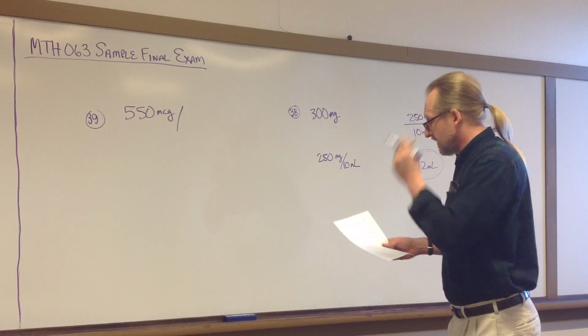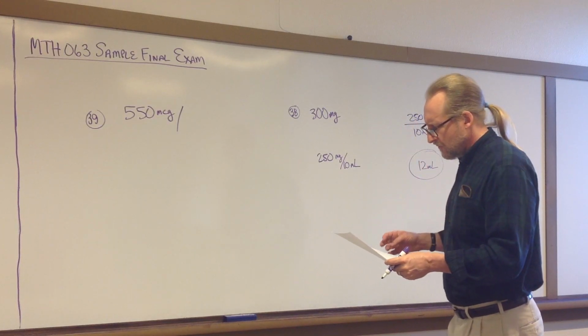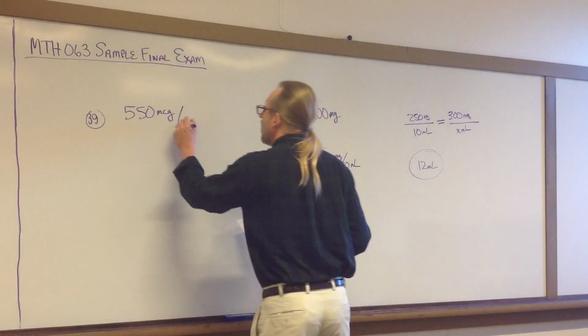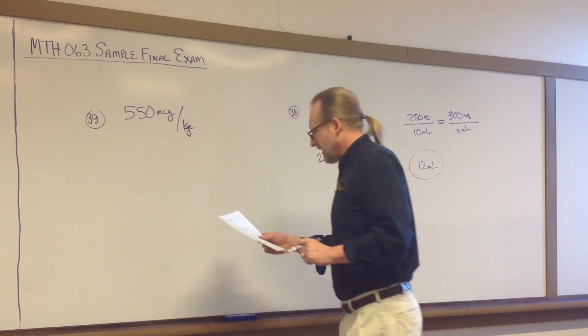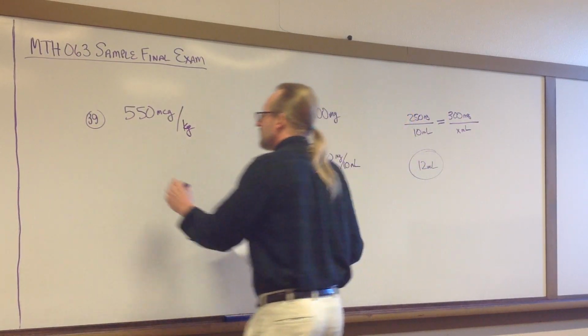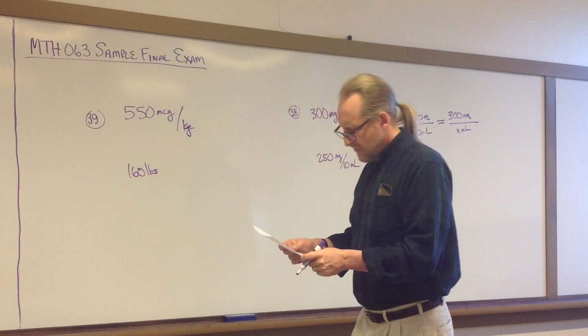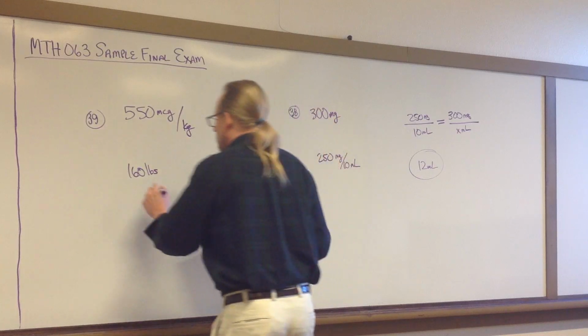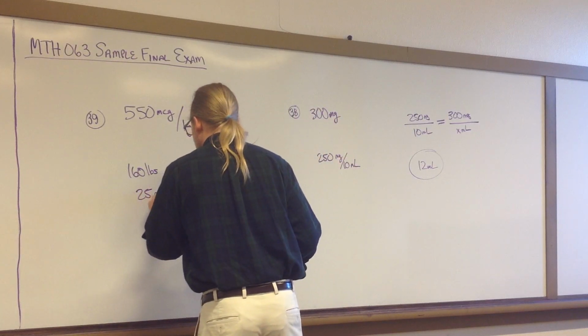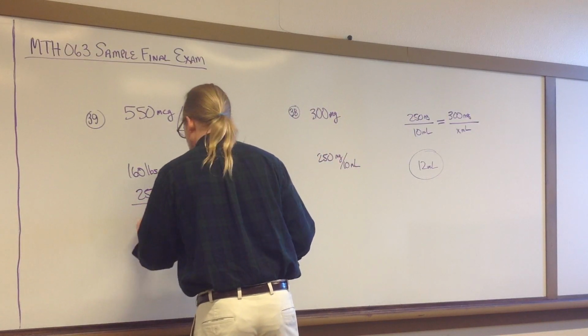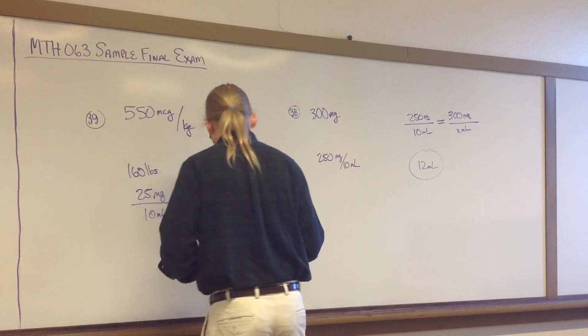Is to notice the difference between those units. That's a big deal. Per kilogram of body weight. The patient weighs 160 pounds, and the amoxicillin suspension is 25 milligrams in 10 milliliters.